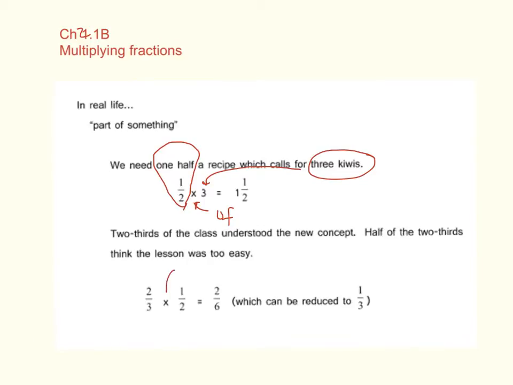So here again, here's the "of," and this is the half that we're dividing it in half, and here is the class. Okay, so hopefully you can see why multiplication with fractions is another way of dividing. All right, let's look at some more.